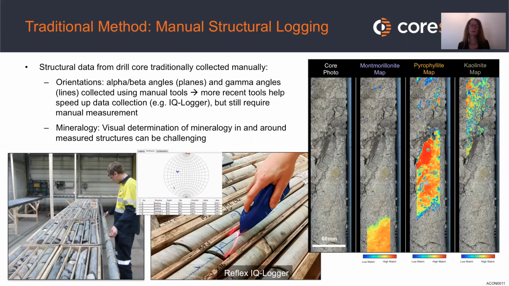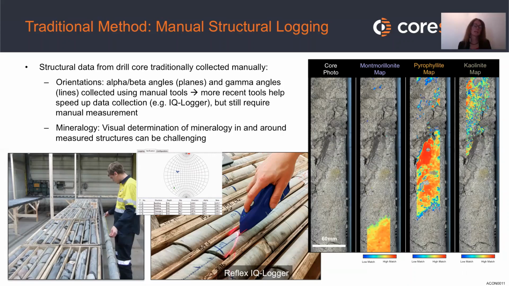Determining mineralogy when we're manually logging is typically done by visual inspection, looking at the mineralogy that's in the structures and around the structures. This can be particularly challenging in hydrothermal ore deposits because our hydrothermal minerals, especially phyllosilicates, can be very fine-grained. They obviously don't have a lot of color changes that are obvious to the human eye.